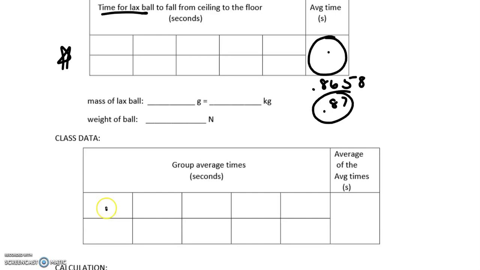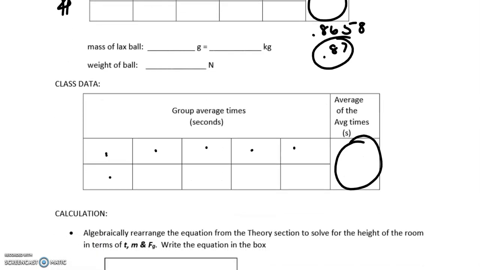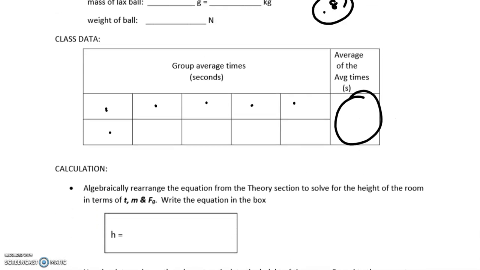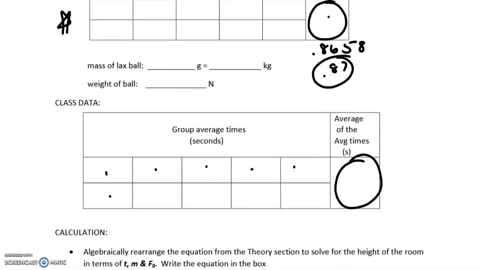And so we're going to take the average times for each class, share them, and then we're going to get an average of an average. And this is what you're going to base your height on. So hopefully if one group is too long in timing and the other group is too short, it all averages out to something that is close to what it should be. Okay, it's not perfect, but I think it gives us a better chance.